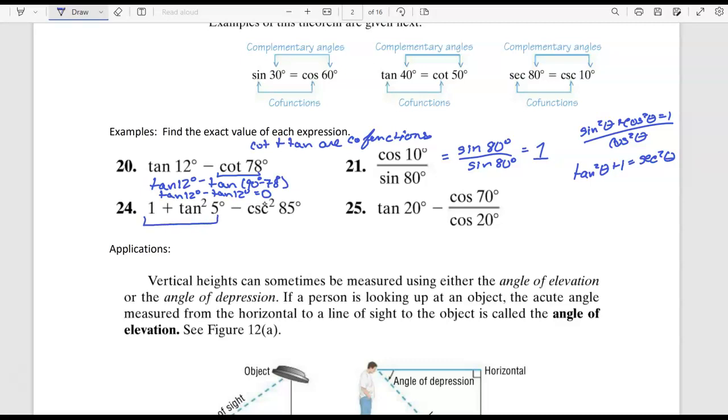And there's our substitution we're going to make. So this is going to be equal to the secant squared of theta, but theta is 5 degrees, so let me write that in. Because remember, this guy works for any theta value, minus cosecant squared of 85 degrees. And we know secant and cosecant are cofunctions, so the secant squared of 5 degrees is the same thing as the cosecant squared of 85 degrees, because 85 plus 5 adds up to 90. And we're going to get 0 for this guy.